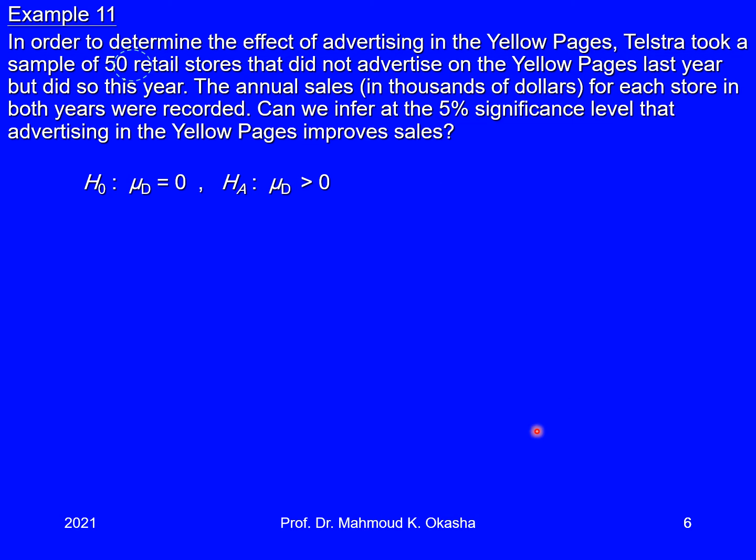This is example 11. In order to determine the effect of advertising in the Yellow Pages, which is the telephone directory, the book of telephone directory for merchandise, for services, for whatever. If you want, for example, a surgeon or dentist or any other doctor, you look in the book of telephone directory, which we call Yellow Pages, and you find a list of doctors or dentists, and you call anyone.